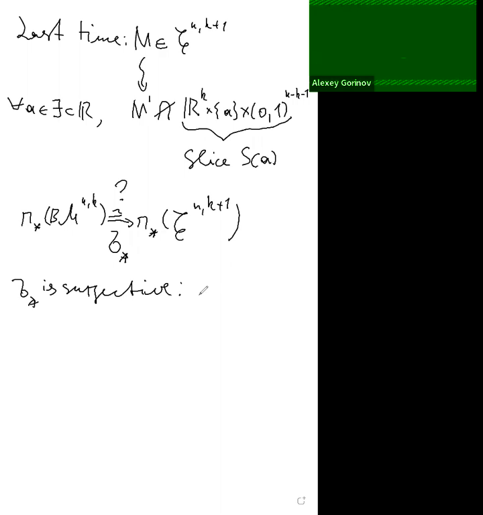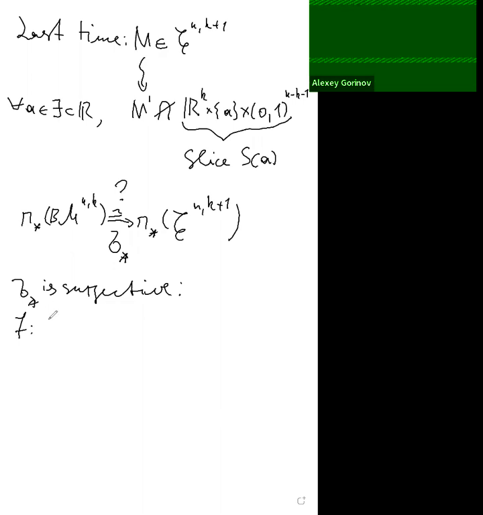Well, let's prove that the induced map is surjective, and for injective, the argument is more or less the same, but we'll talk about that later.